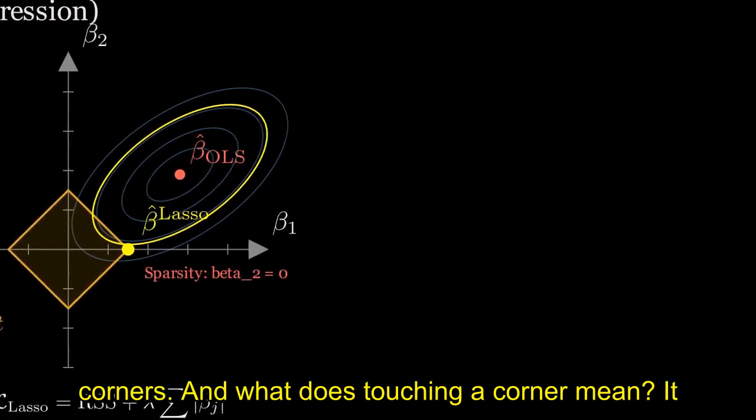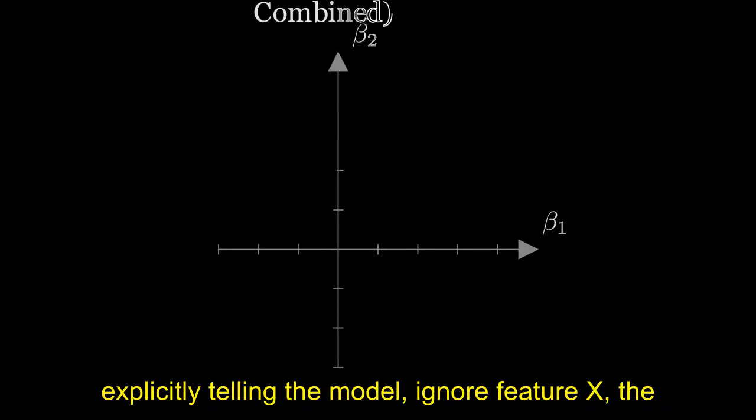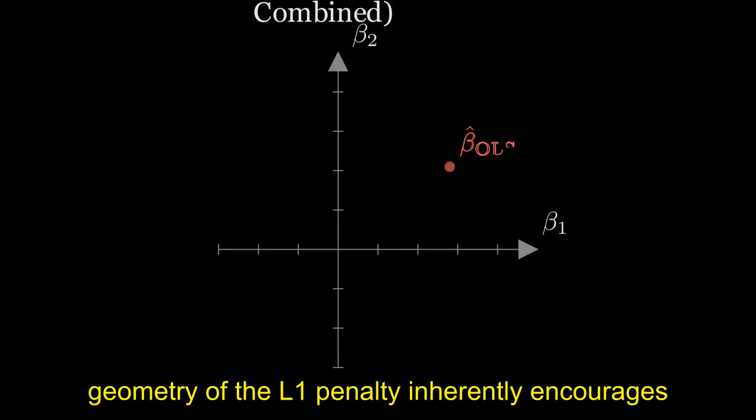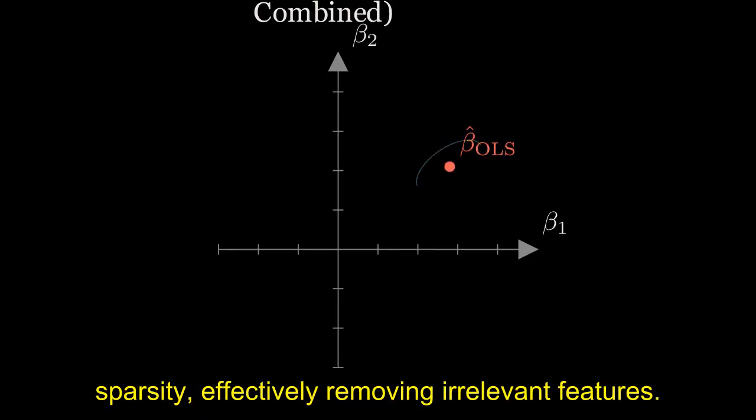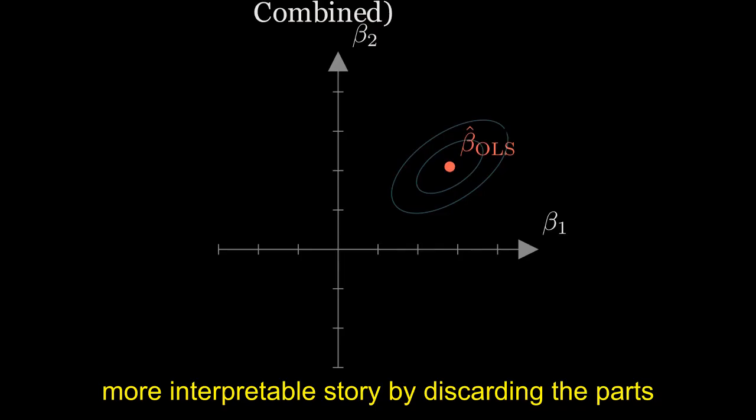And what does touching a corner mean? It means one or more coefficients are forced to be exactly zero. This is profoundly elegant. Without us explicitly telling the model, ignore feature X, the geometry of the L1 penalty inherently encourages sparsity, effectively removing irrelevant features. We're literally asking the model to build a simpler, more interpretable story by discarding the parts that don't contribute enough.